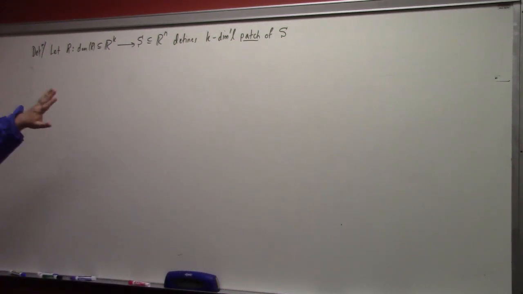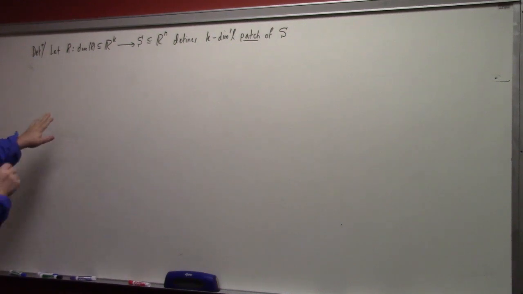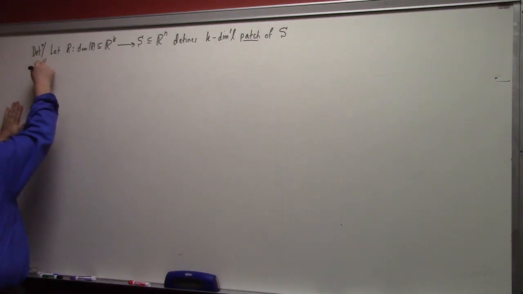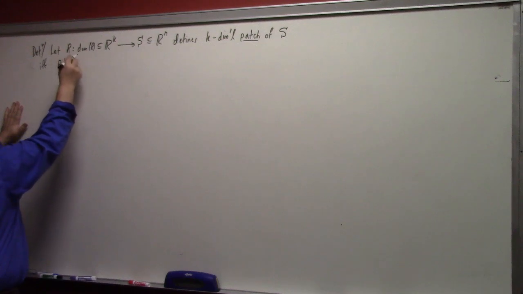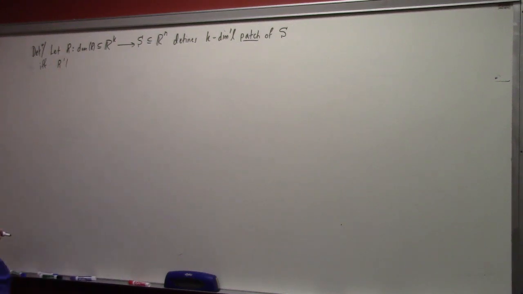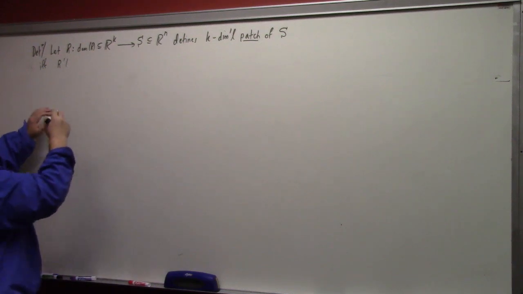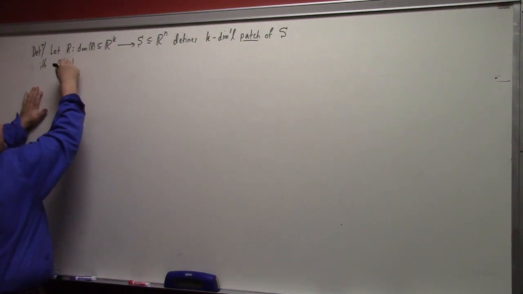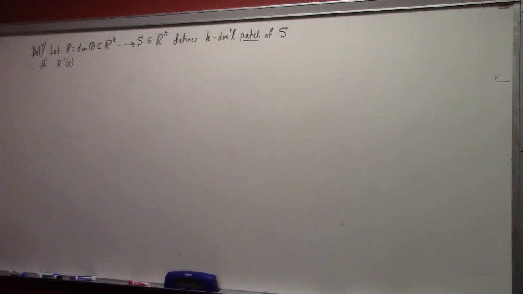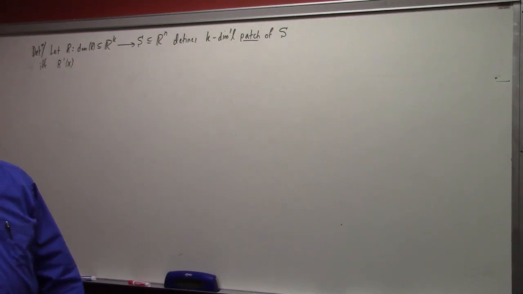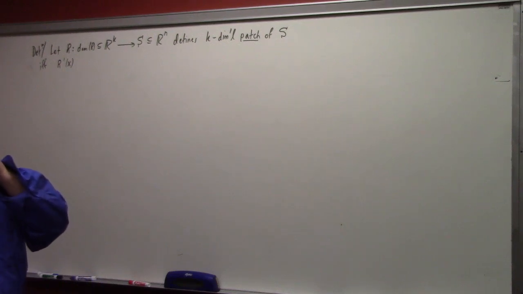So this is a k-dimensional patch of S if and only if R prime of, I used T there. Let's say R prime of X instead. I don't like using T there at all. I use T for, no, that's not a good notation.